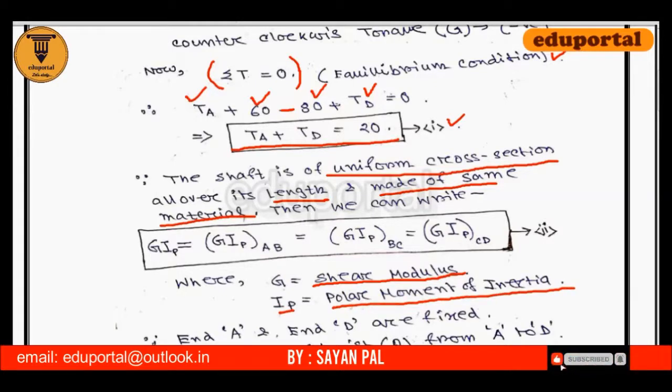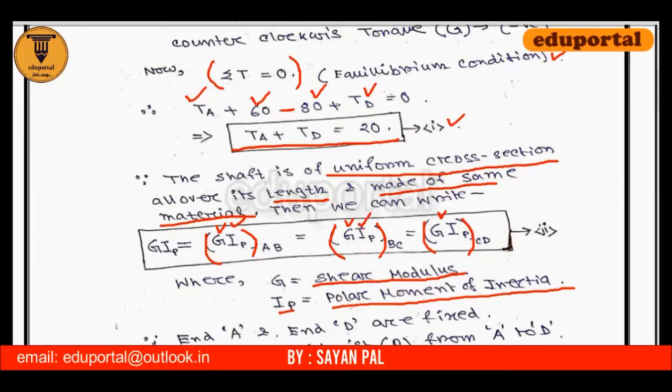So GIP AB means GIP of the section between A and B. GIP BC means GIP of any section between B and C, and GIP CD means GIP of any section between C and D. Now because G is same all over and cross section is also uniform, IP will also be same.